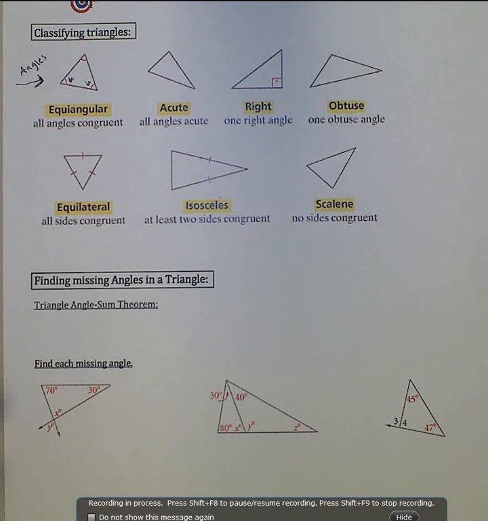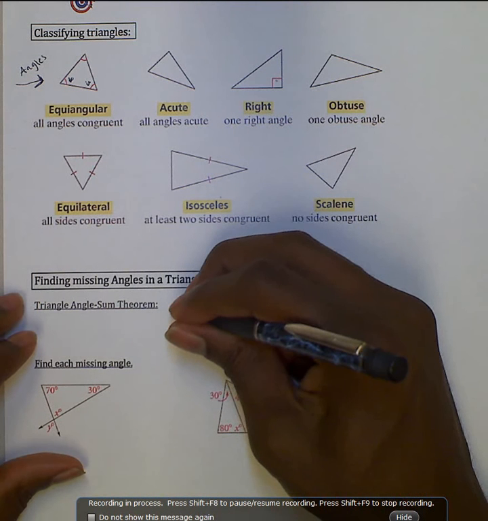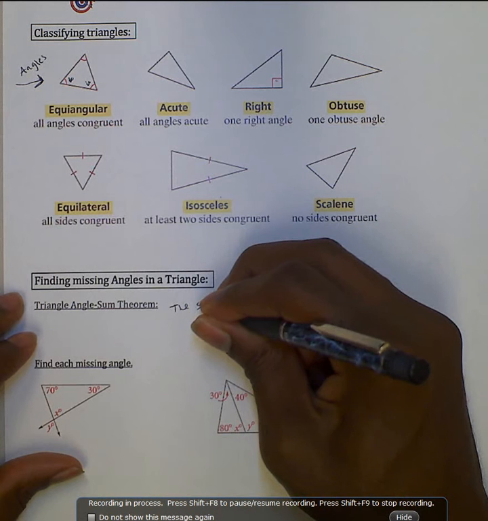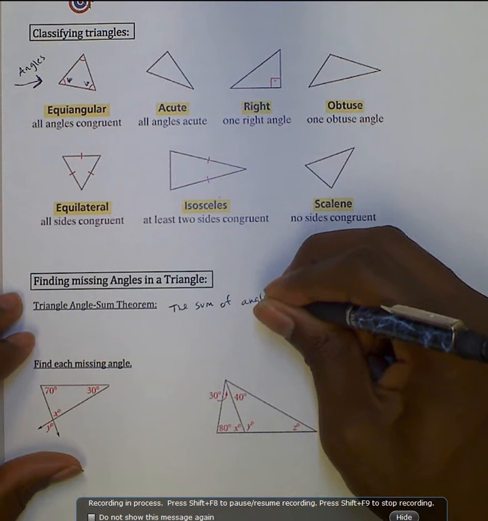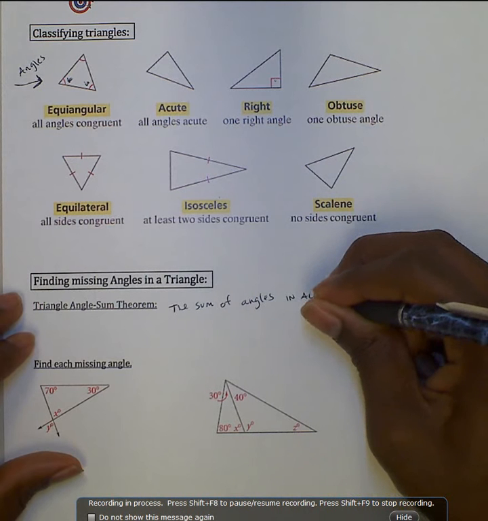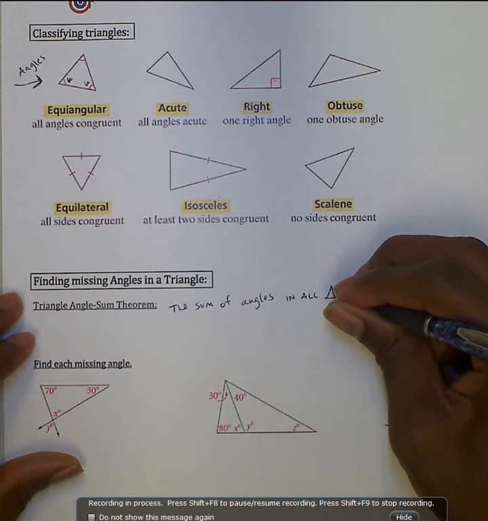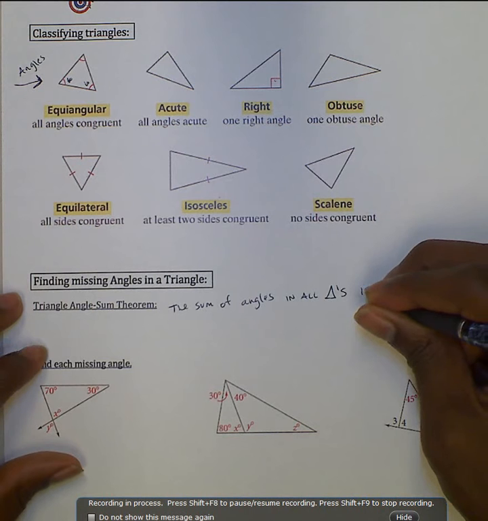Here's the triangle angle sum theorem. It says that the sum of angles in all triangles is 180.